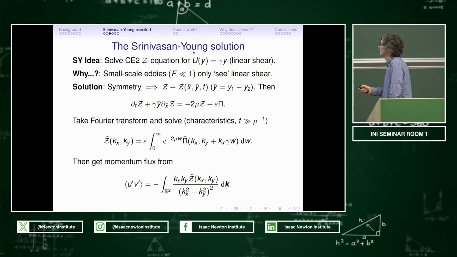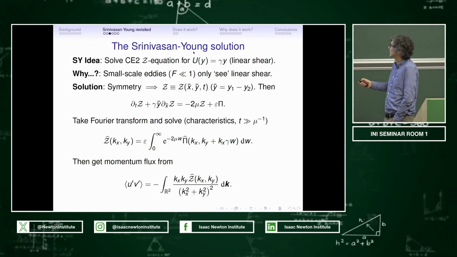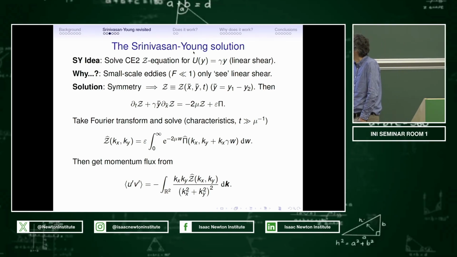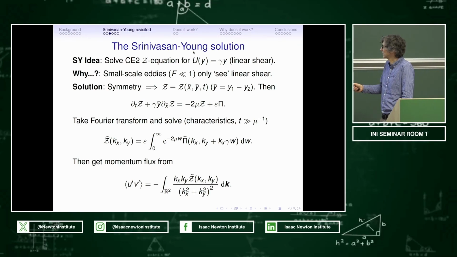This is an equation you might hope to solve, and Srinivasan and Young did solve it. They took Fourier transforms and solved the resulting equations using the method of characteristics. They end up being able to write down an expression for the momentum flux in terms of the Fourier transform of Z in the form of this integral.